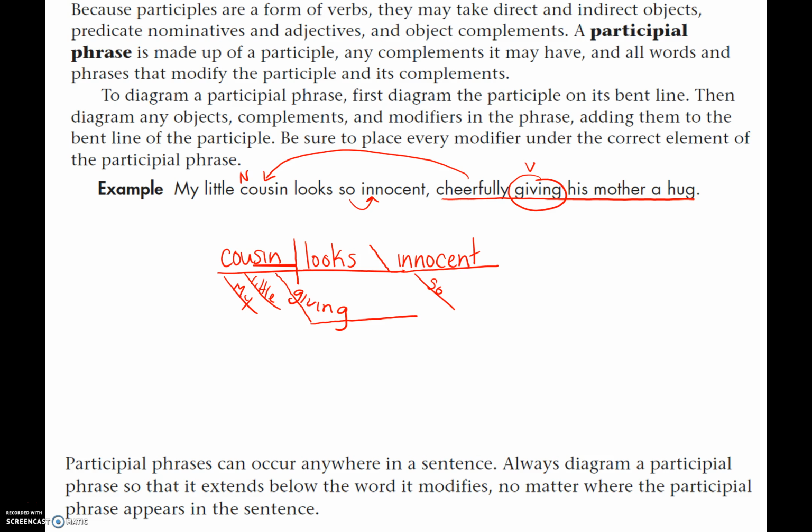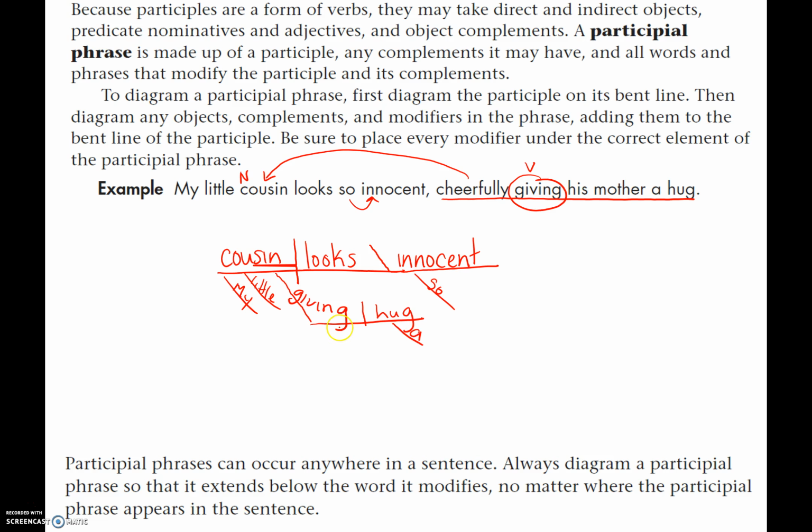Now I'm going to diagram the rest of the phrase as you would diagram these pieces in any part of the sentence. So the giving that's happening is a hug. That's a direct object. So I'm going to put the straight line that shouldn't go all the way through, but just on top with hug there. And then I'm going to put A underneath it.